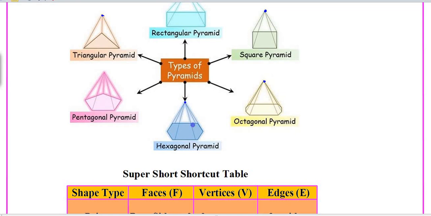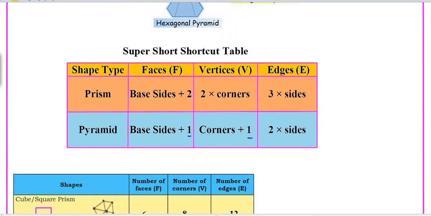There is no top; we have only the bottom for a pyramid. The top is connected at a single point. That's why, for faces, there is no top face, so we just add 1. For corners also, we just add 1. So this is a simple shortcut to get the answer without having the picture.